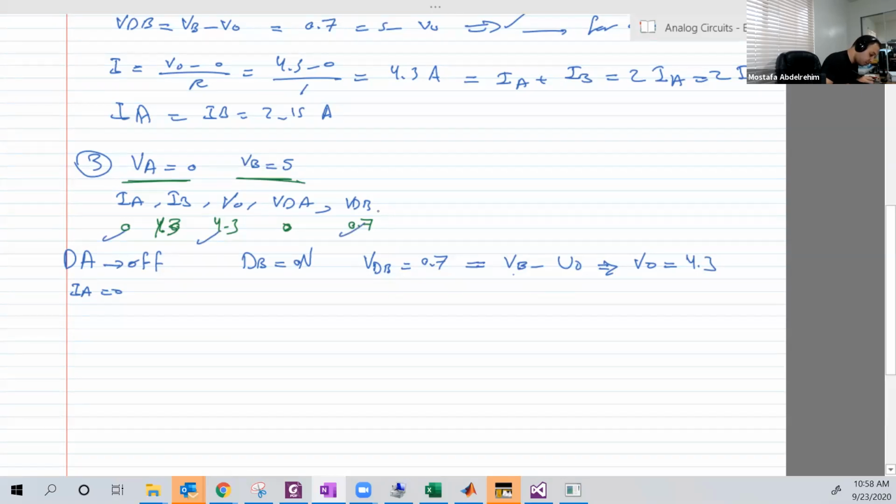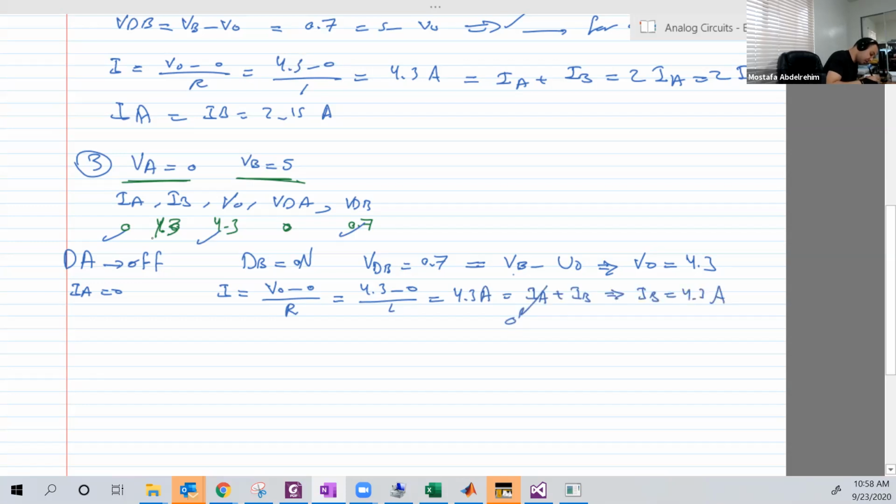Now let's calculate the current. I is equal to VO minus 0 over R. So 4.3 minus 0 over 1, 4.3 amps. This is equal to IA plus IB. IA is 0, so IB is equal to 4.3 amps. That's also right. Now VDA.